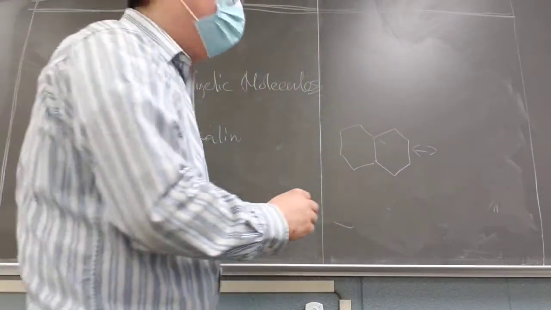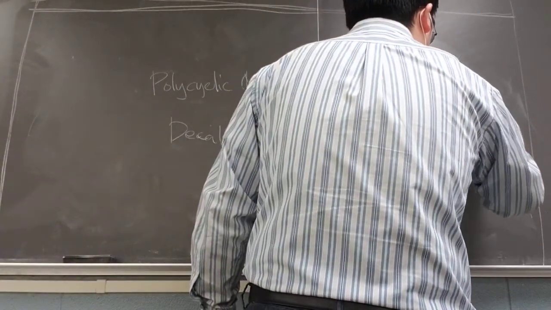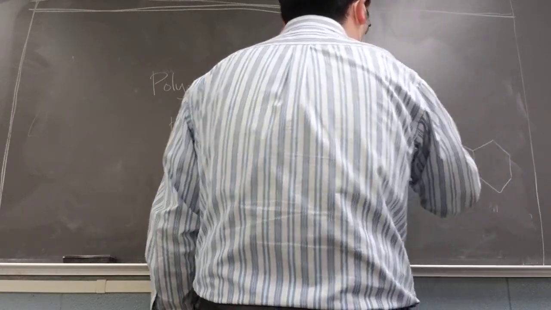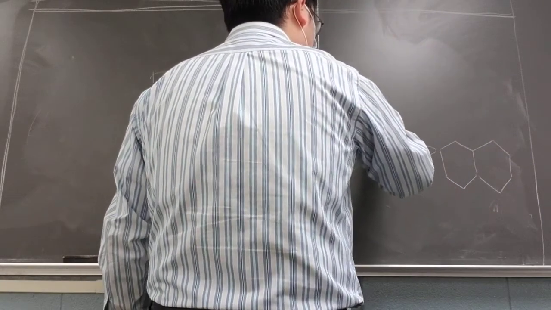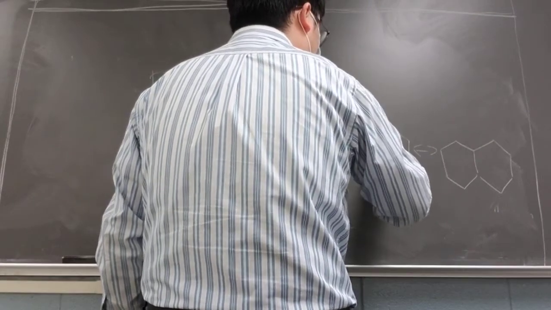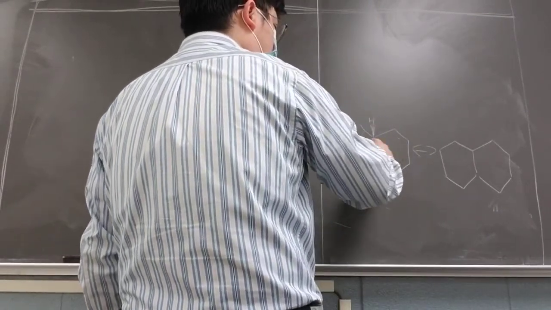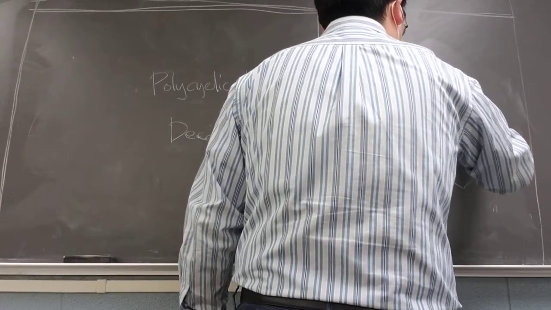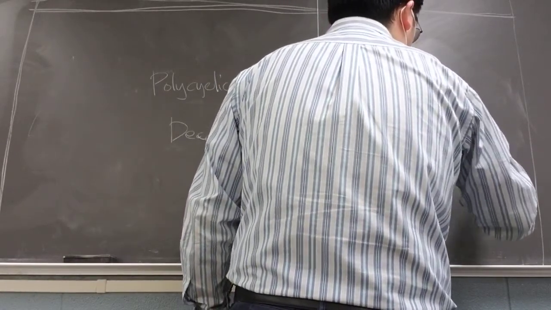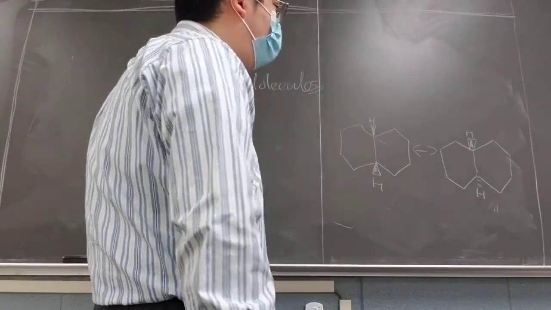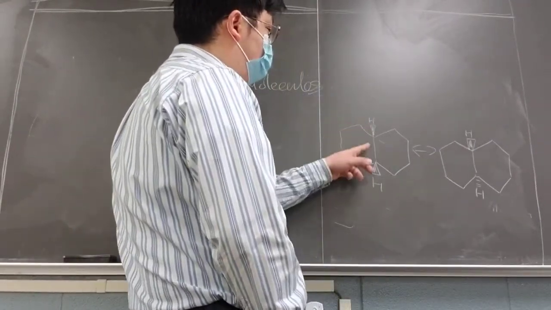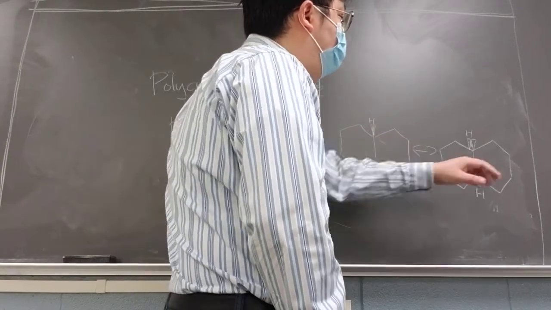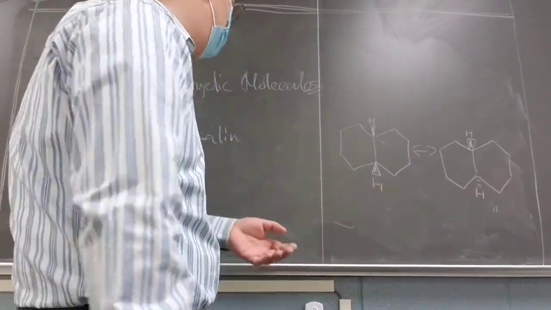That is, you have the hydrogen on the same side on the bridge on these two, and the other one is on the other side. This becomes really important for the hydrogen position on the decalin, because of this structure.